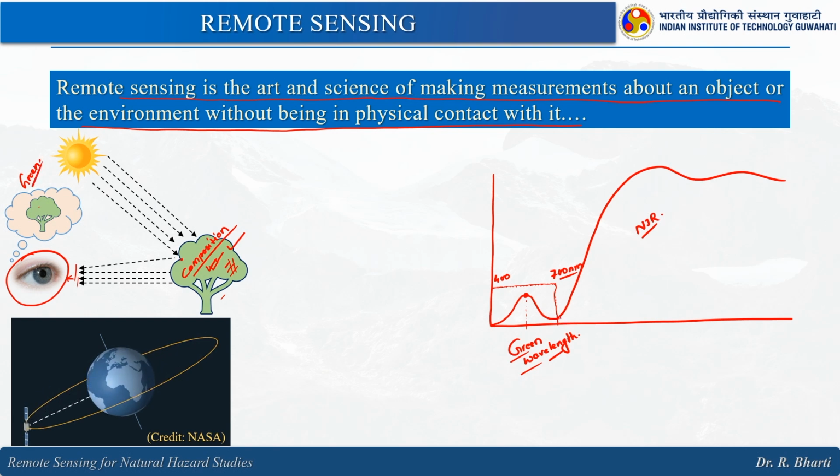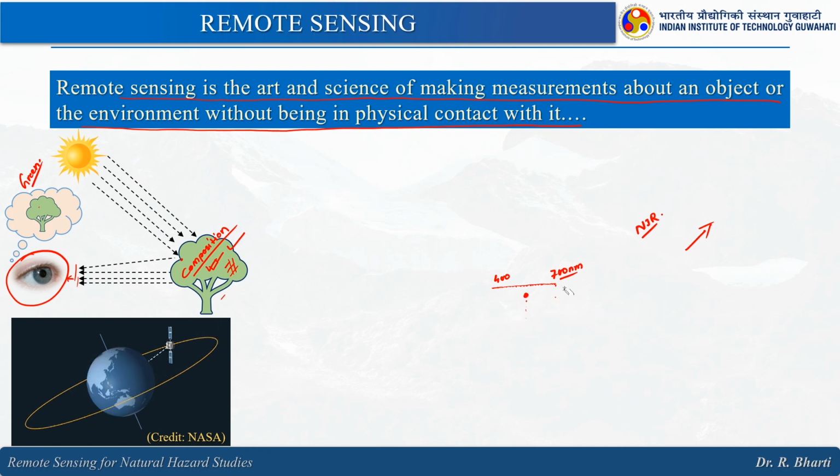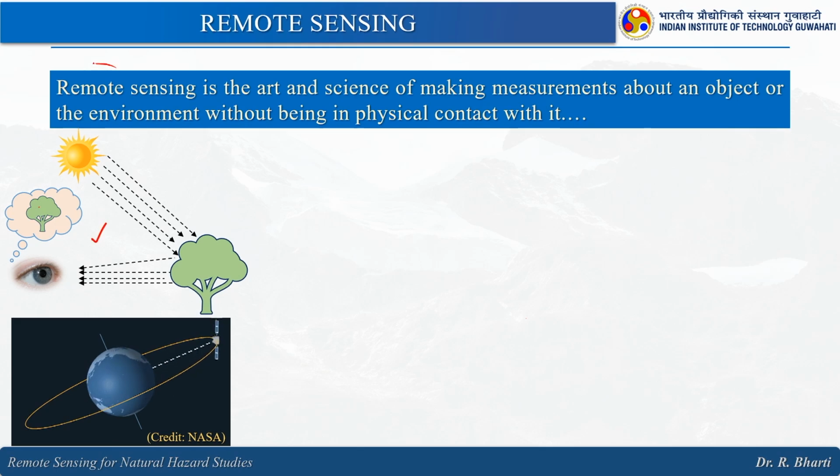But if we would have seen this particular wavelength region, we would have seen them in a different color. But since our eyes have limited vision, we are able to see the vegetation in green color. So, the example of eyes is only to understand this concept of remote sensing.